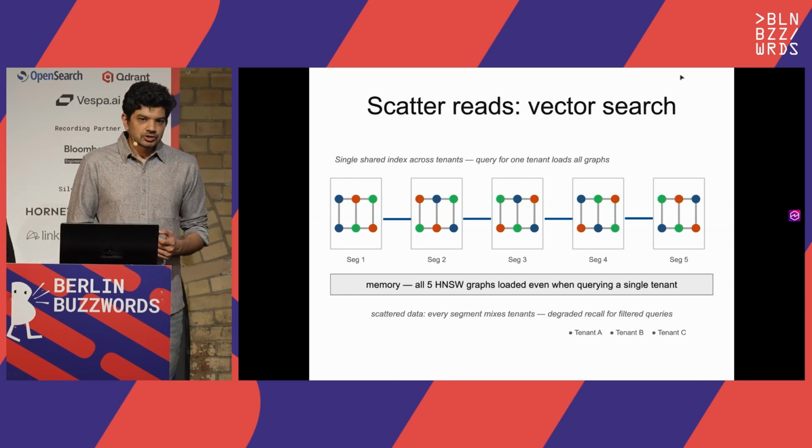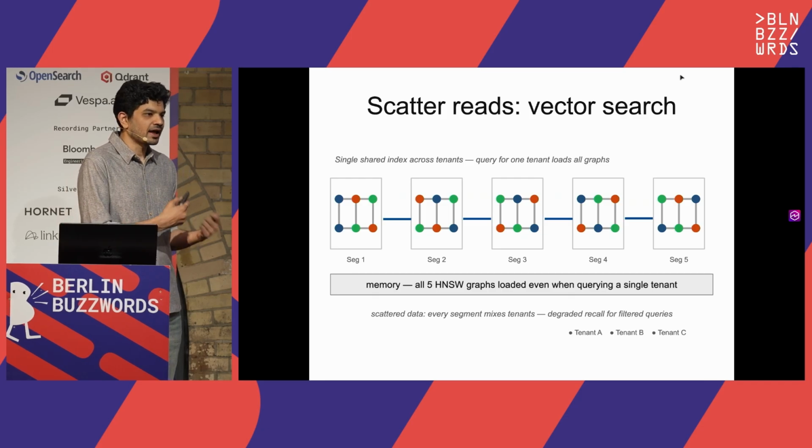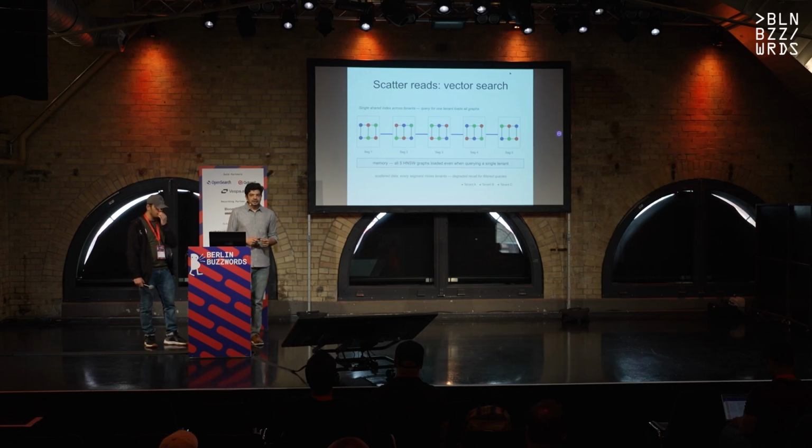So there is a good chance that even though the segment has the data for the tenant, the search just didn't reach it based on the entry point of the graph. For big tenants, the recall doesn't drop at all, but for smaller tenants, the search quality degrades drastically.